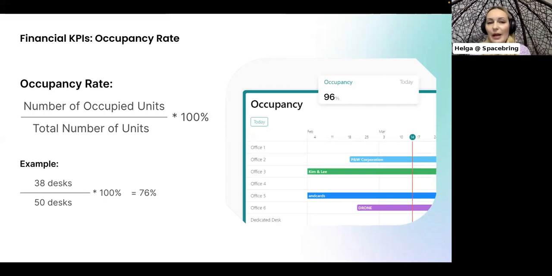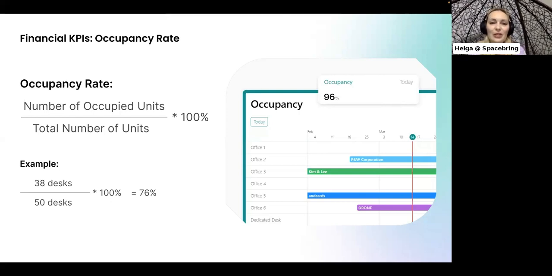If you are a Spacebring customer, it's as simple as brewing your morning joe. Please take a look at this beautiful occupancy dashboard. Using it, you can track your occupancy, visualize lease expirations, and analyze booking patterns to make informed decisions about your office space. If you don't have this handy tool, we can find your occupancy rate.